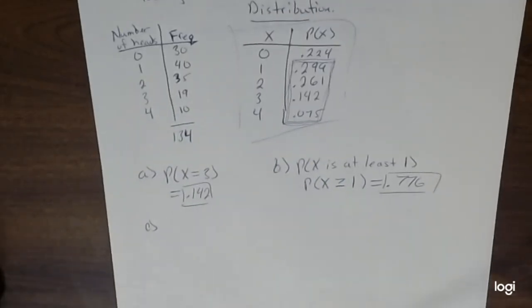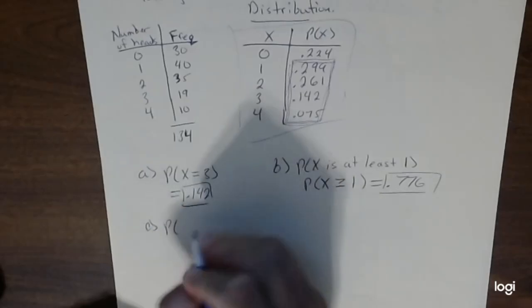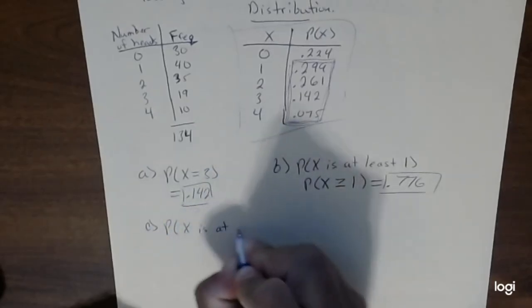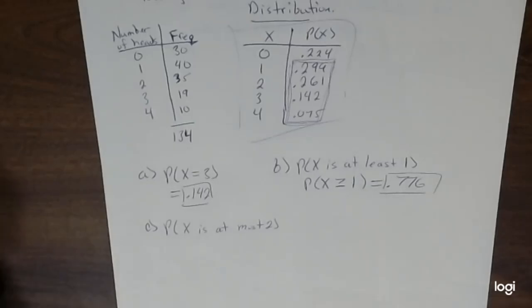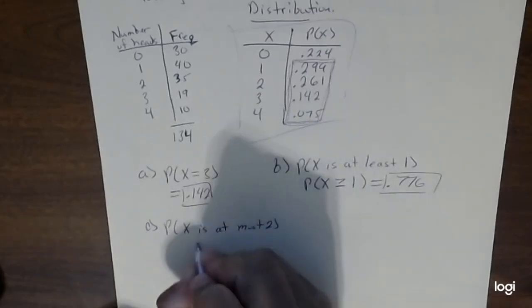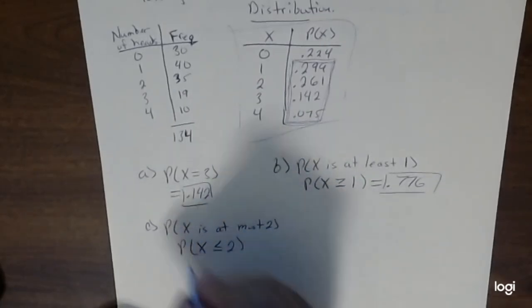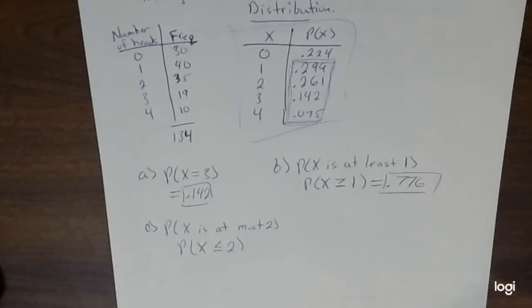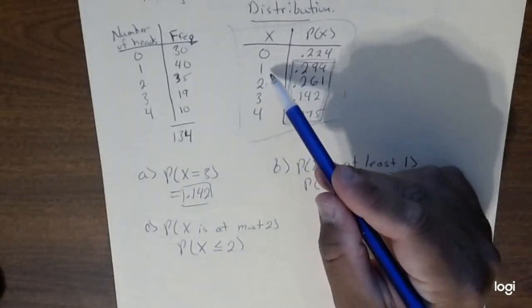Okay, so C. Let's say the probability of x is at most 2. So this is the opposite, right? Again, on page 75 it says at most means x is less than or equal to 2. It's the at most property, so it's the opposite. So 2 or less: 2, 1, and also 0.